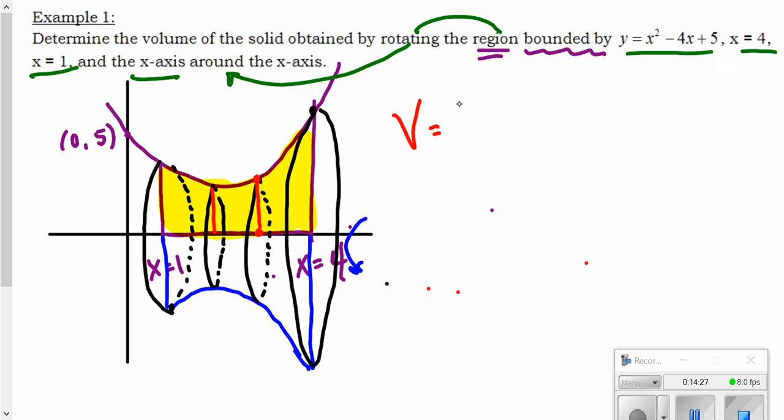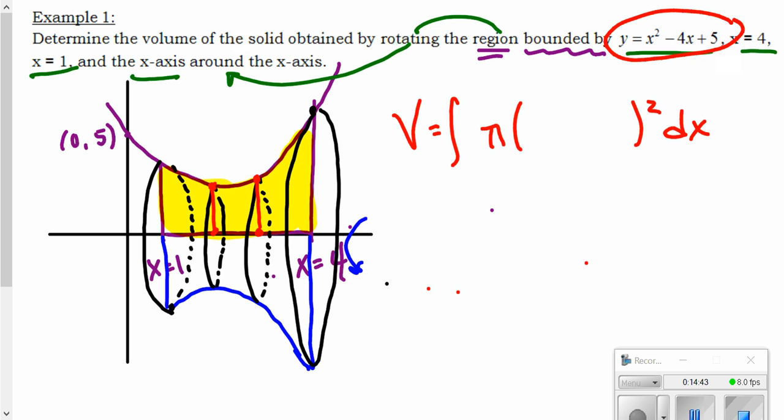Okay, so my integral is going to be a dx integral. I'm going to have pi r squared dx. And my radius is going from this purple curve down to the bottom. And the purple curve was this equation. So x squared minus 4x plus 5 minus 0, technically.